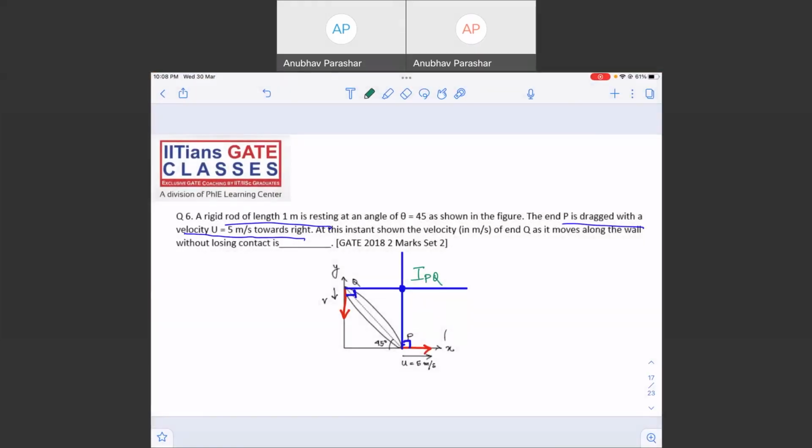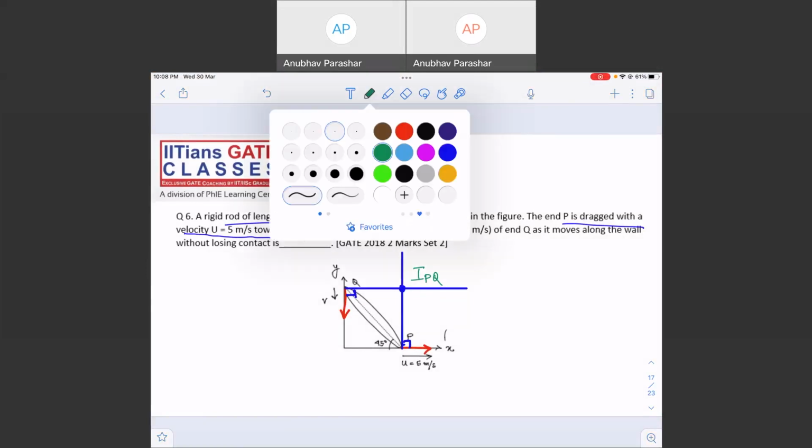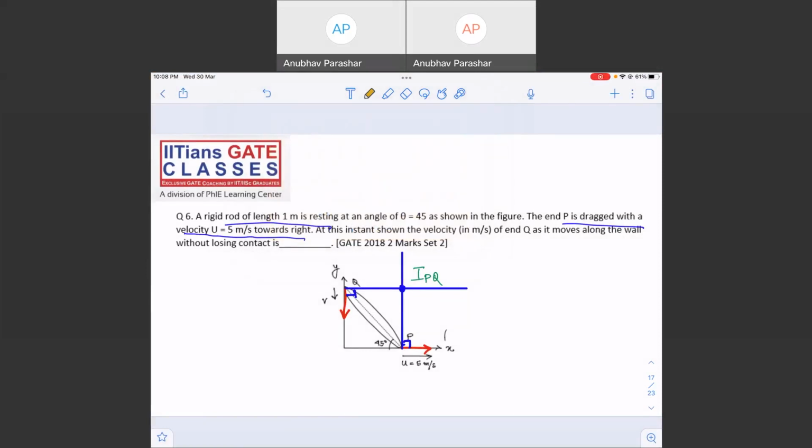Okay, so this is the I-center of PQ, right? So can you find out the angular velocity of the link PQ now? At this instant the member PQ is rotating about the I-center.